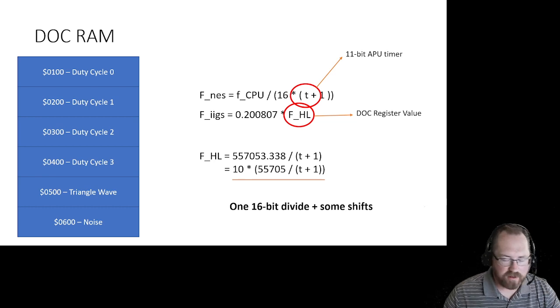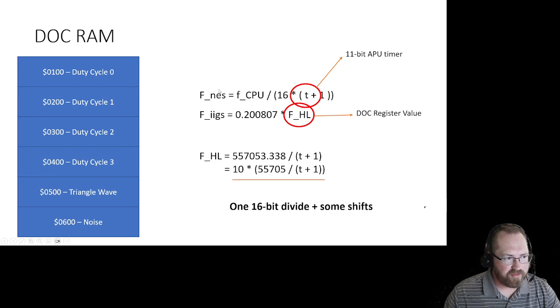So there's formulas online for what the frequency is given one of those timer values, and then from the 2GS hardware reference for our configuration, where we have 32 oscillators enabled, which is the standard config, the frequency of the 2GS output is this constant times the value that you put into the DOC frequency registers.